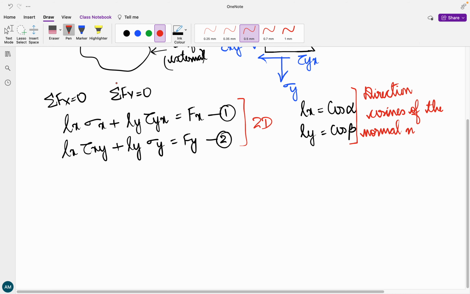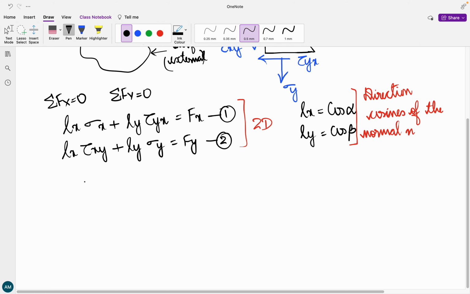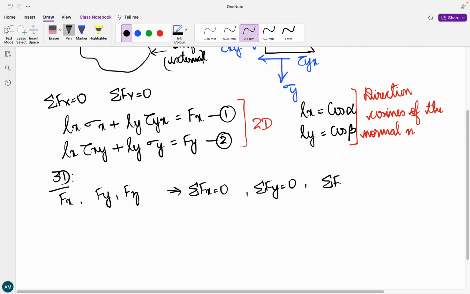If you want to write the same thing for three dimension, I'll generalize it. Then we'll have fx component, fy component and then fz component. Similarly, I'll be considering the three equations of equilibrium, that is summation fx is equal to 0, summation fy is equal to 0, summation fz is equal to 0.